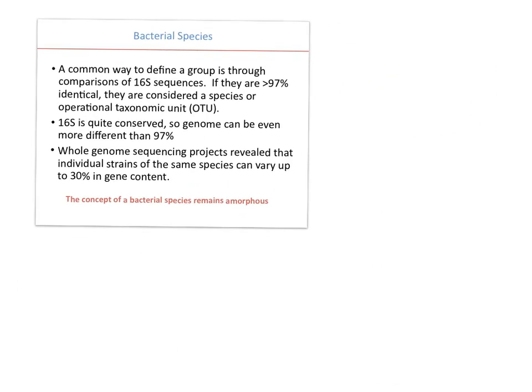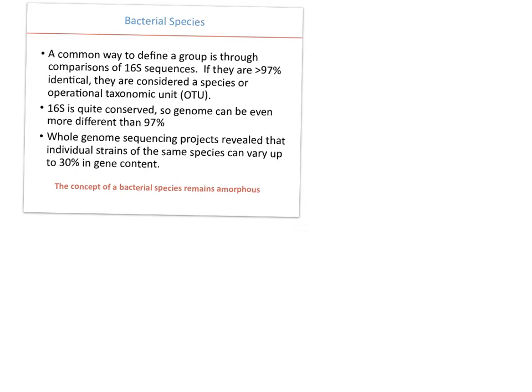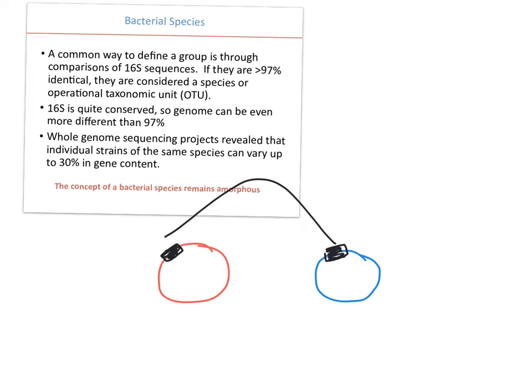Let's say you have a genome here and a genome here, and we'll have our 16S right there, and you compare these, and let's just say that they are 97% identical at the nucleotide level. So we call them an OTU.